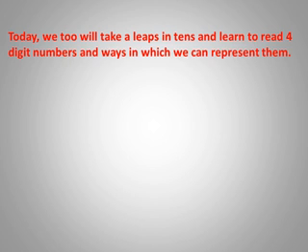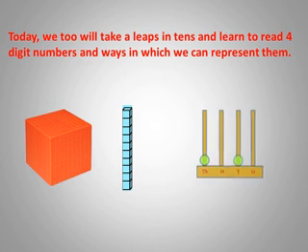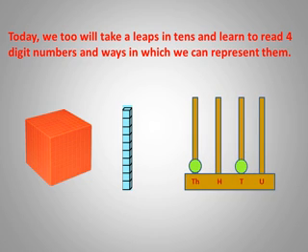We are all aware a big cube represents 1000, one rod represents 10, and we have an abacus where there are 4 spikes and we count the number of balls or rings in the spikes and then we read the number. So let's get started.